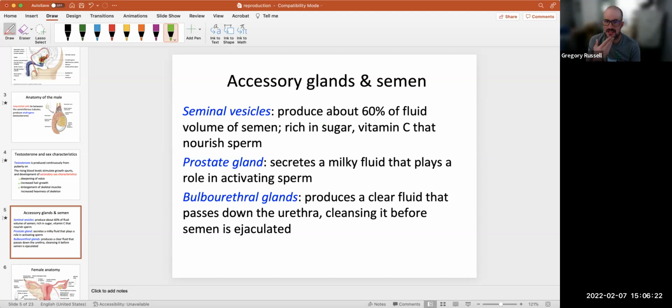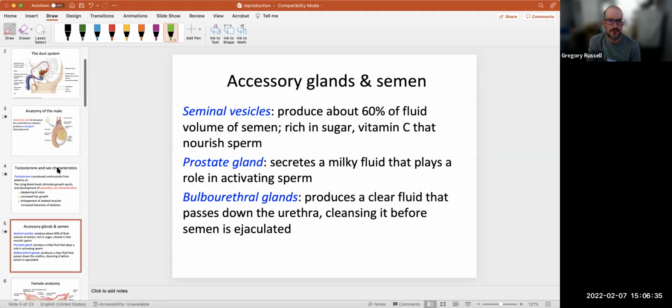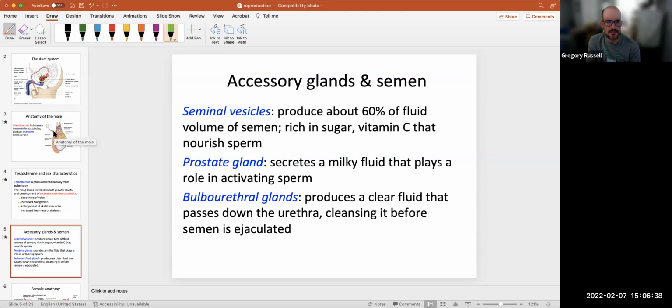The prostate gland has that milky fluid that plays a role in activating sperm. And then, as I mentioned, those bulbourethral glands produce this clear fluid passing down the urethra before ejaculation. We'll come back to some of this stuff in just a couple of minutes.